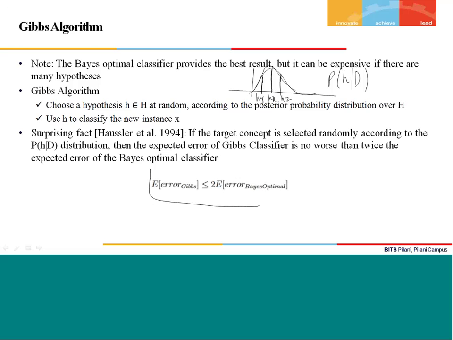Surprisingly, when you choose only one hypothesis from the distribution, the error that you get by the Gibbs algorithm is not more than twice the optimal classification.